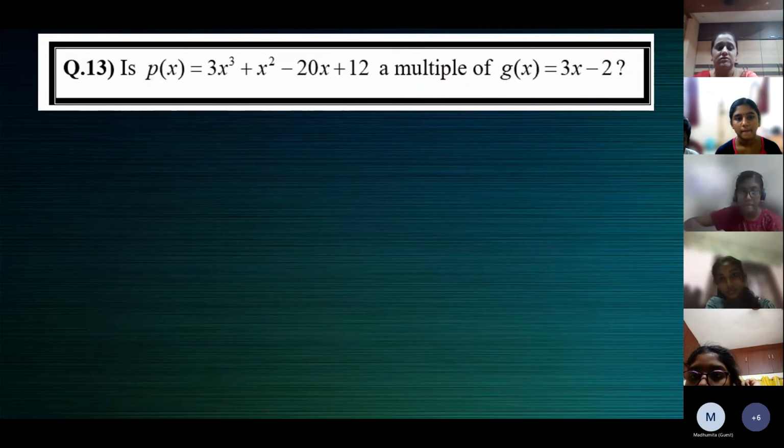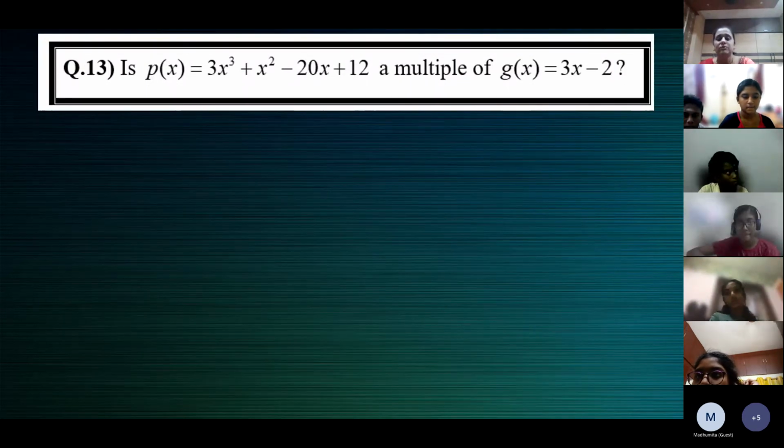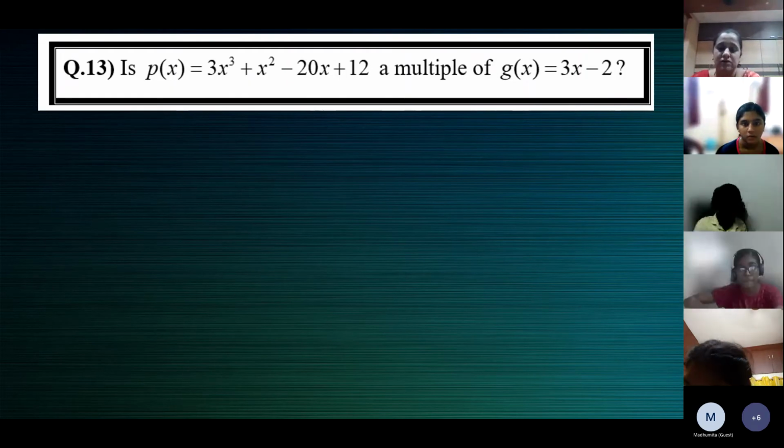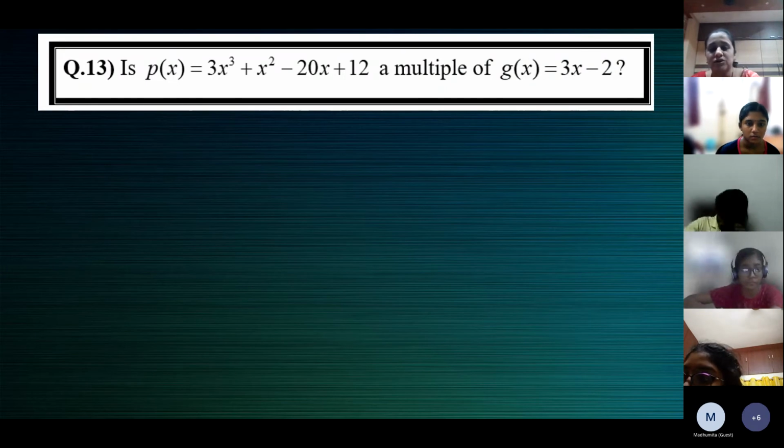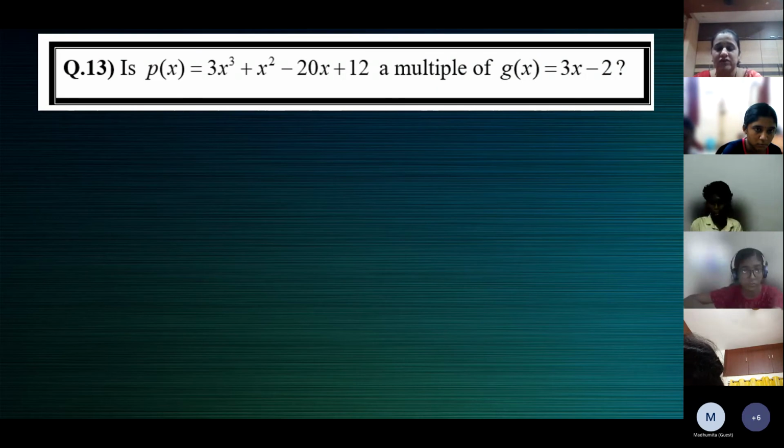Is p of x a multiple of g of x? So we just have to find the remainder. You don't have to find the quotient. With the quotient, you're not going to decide if p of x is a multiple of g of x. Whether multiple or factor, the remainder decides that.